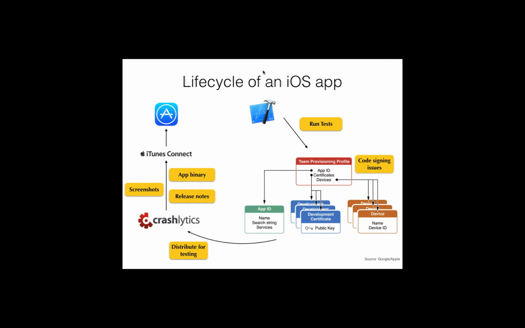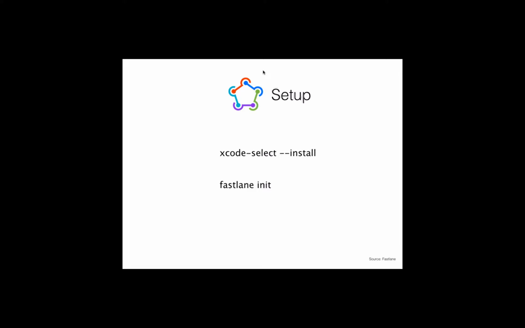So hello everyone. Now I am going to talk about how to set up Fastlane on your machine. For setting up Fastlane, you need an application. So first I am going to create an iOS application.